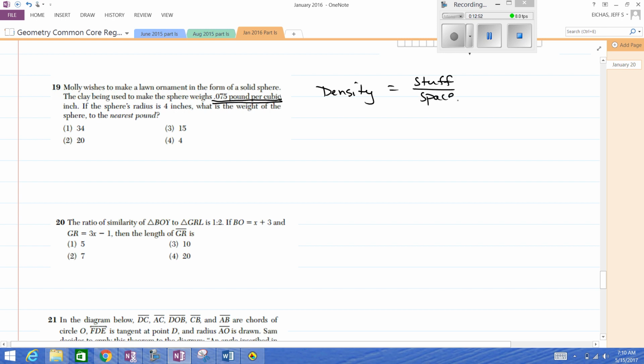That's kind of how we look at it. So we'll have to calculate the space. They give us the density, so we'll be solving for how much stuff there is. What's the weight, right? So let's see. It's a sphere.